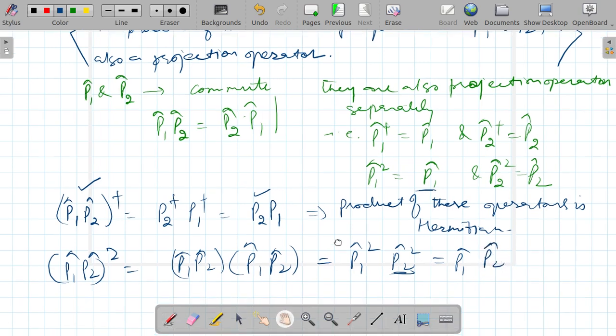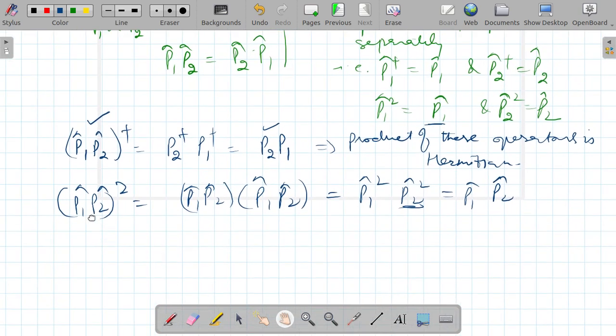That means the square of the product is equal to P1 P2, right? So both the conditions are satisfied. Hence the product is a projection operator.